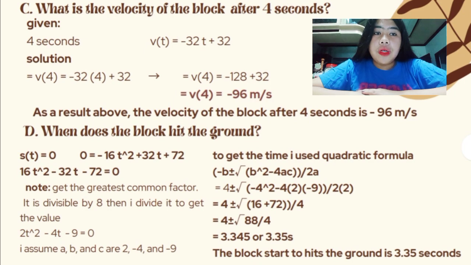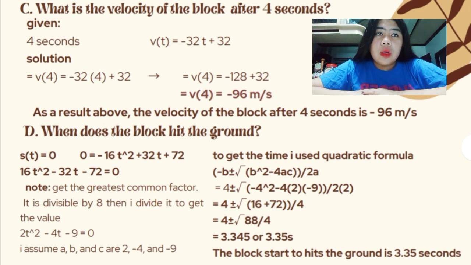So after that, we need to use the quadratic formula and substitute it. So the formula is negative b plus or minus square root of b squared minus 4ac, all over 2a. So that is equal to 4 plus or minus square root of negative 4 squared minus 4 times 2 times negative 9, all over 2 times 2.